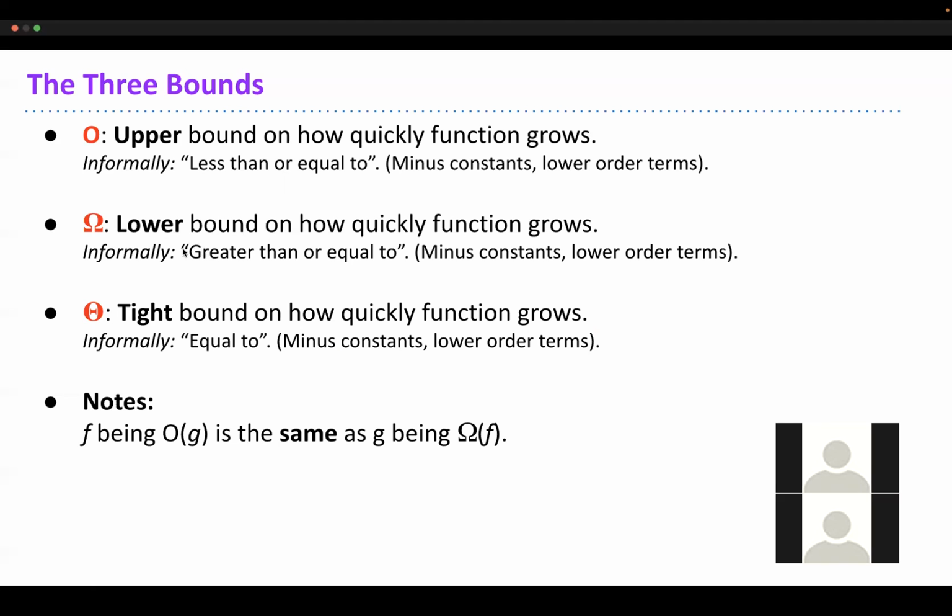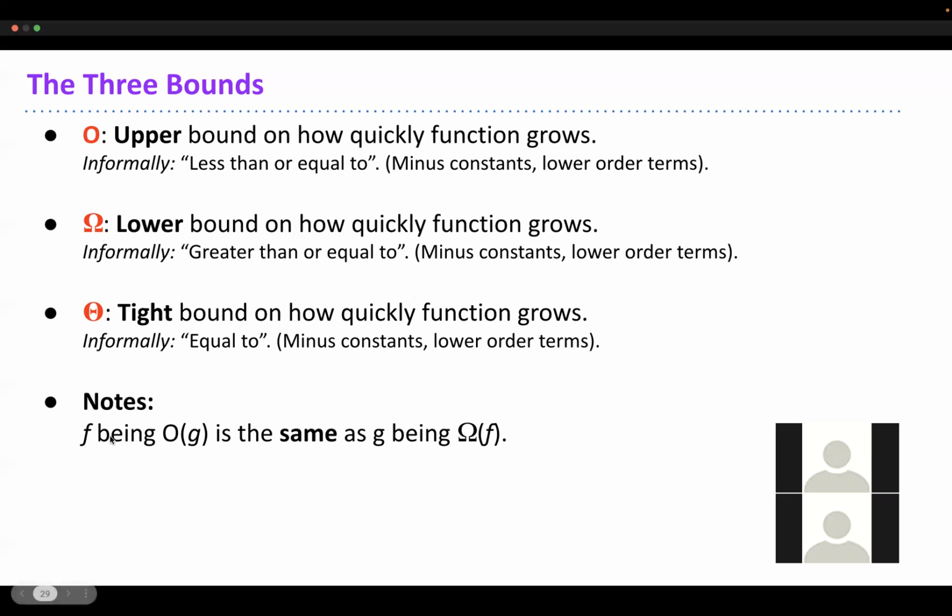An example of an omega bound for a linear runtime algorithm is log n, because O(n) is greater than or equal to log n. And then a tight bound is somewhere in between. It means that it's equal. So you can think of the tight bound as like the perfect function that represents the runtime of an algorithm.